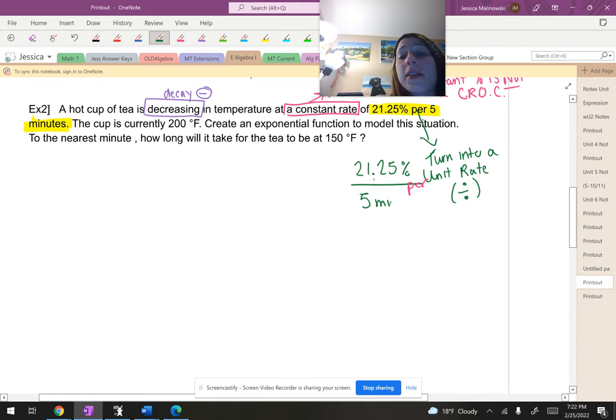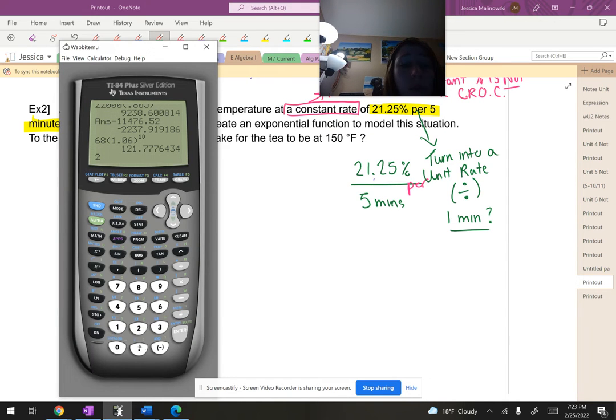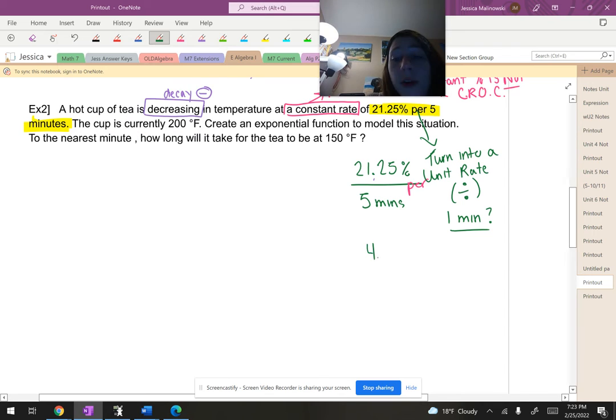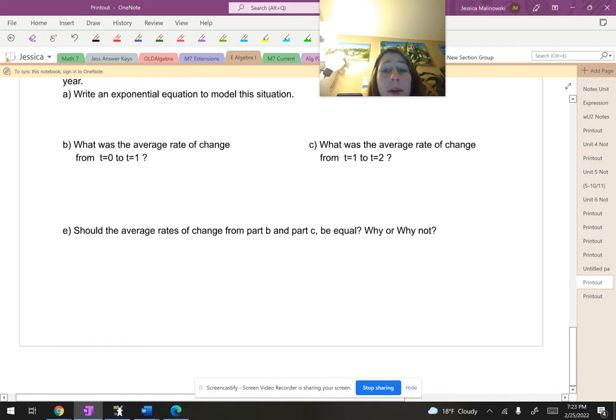I want to find what percent per 1 minute. 21.25 divided by 5 is 4.25% each minute.